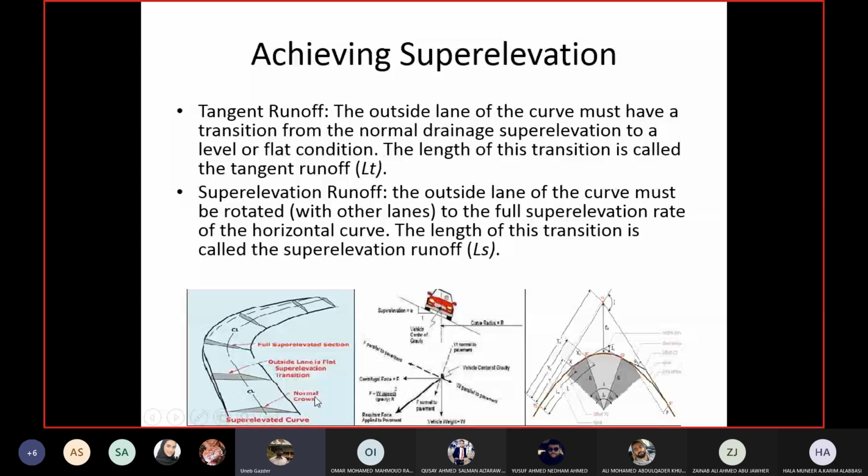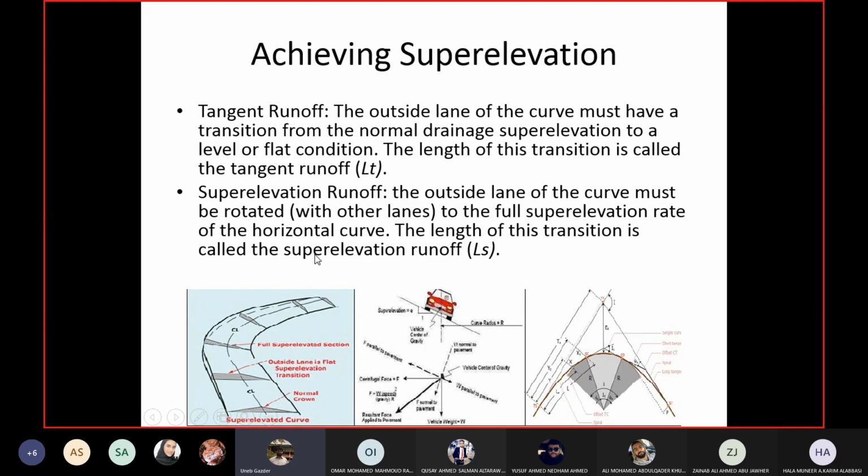So to go from normal crown to full super elevation, or in other words, to go from normal drainage super elevation to full super elevation or curve super elevation, you need to do it in steps. So we do it in 2 steps. These 2 steps are tangent runoff and super elevation runoff.